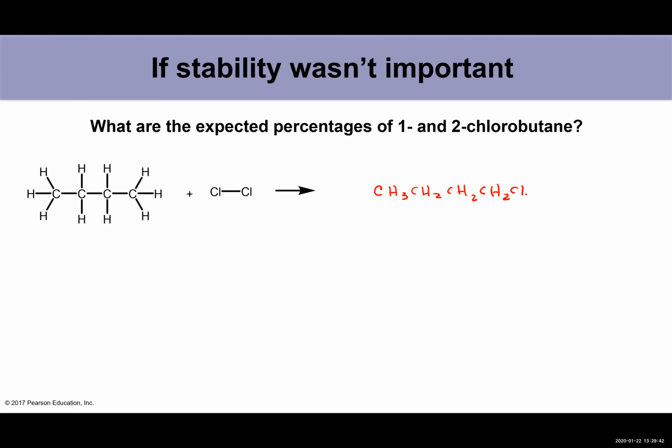And the other product would be this. So there's either a primary carbon that you could substitute, and if you substitute on the right or the left, it doesn't matter, you end up with the same product. So that would be this first product, and then there's a secondary substitution.